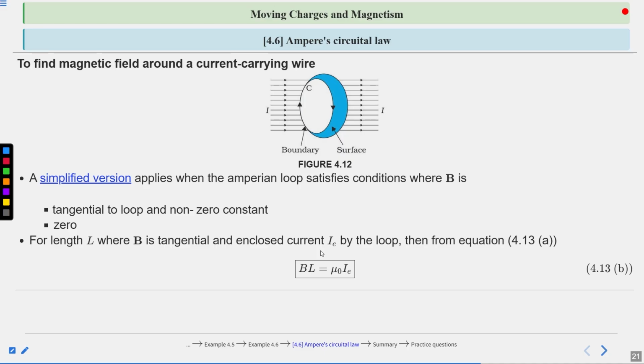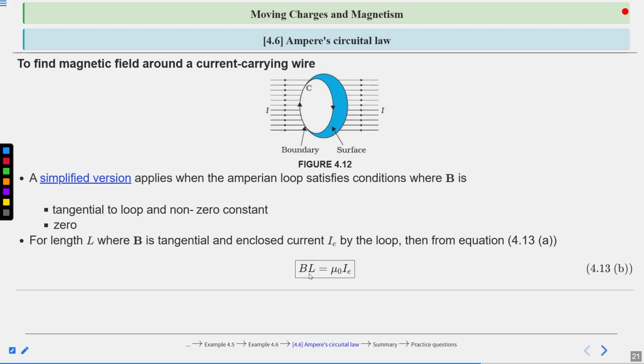We are considering a special case. If the length of the loop that we are considering is L, where B is tangential to this loop at every point and the loop is enclosing a current IE, then from equation 4.13a, you can replace dl with L because we are integrating.